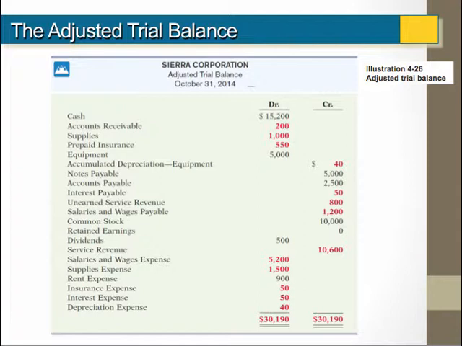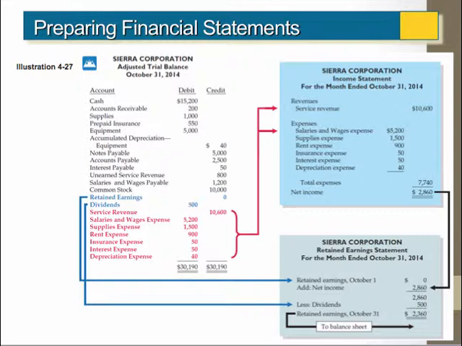So taking this adjusted trial balance, we could go and create the income statement, the statement of retained earnings, and the balance sheet. Note that we would take in red at the bottom the service revenues all the way through depreciation to create the income statement. Once we created the income statement and find out what net income is, we could create the statement of retained earnings.